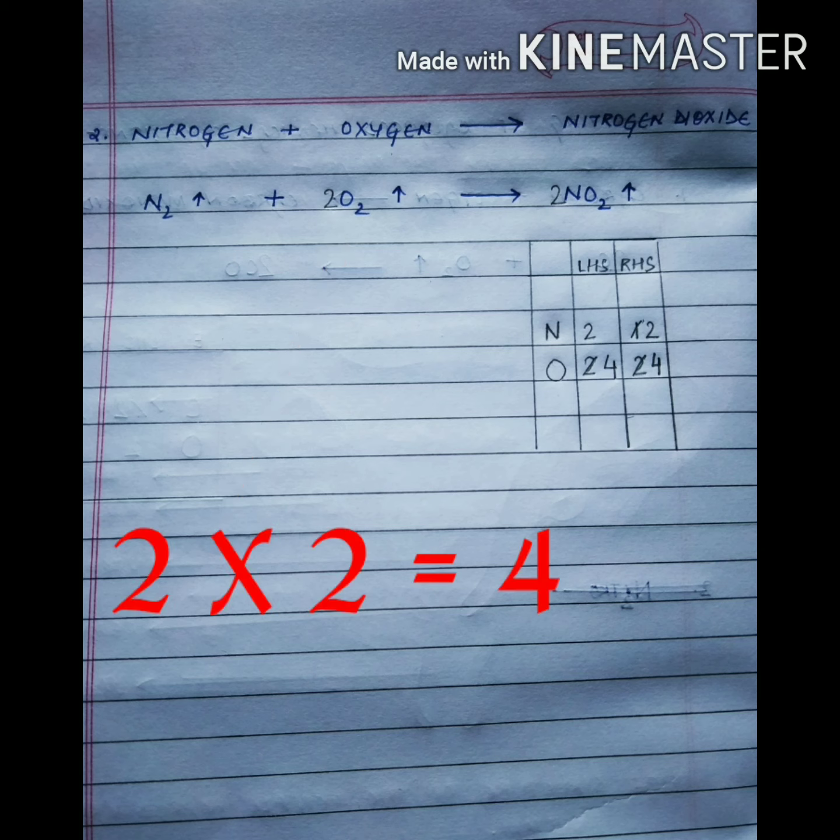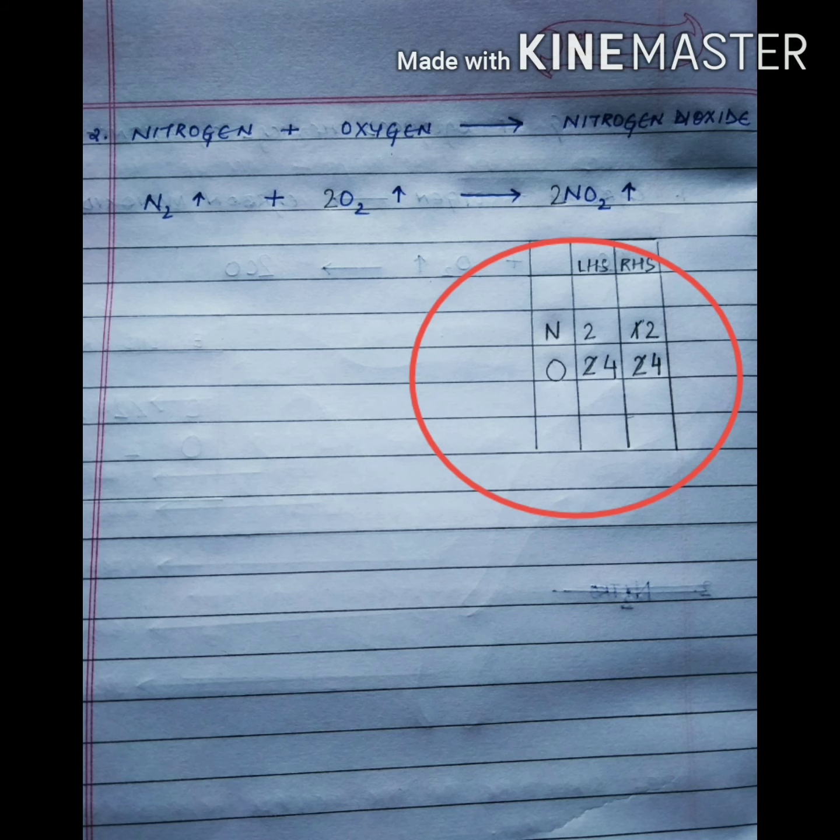So that makes oxygen 2 2s are 4 in the left hand side too. So now check the column. Nitrogen 2 in the left hand side, 2 in the right hand side, oxygen 4 in the left hand side and 4 in the right hand side. That means now it is balanced.